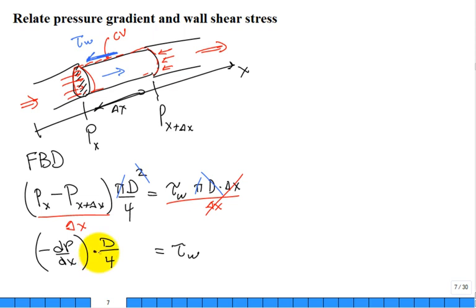So they're related. Because of friction, you get the wall shear stress, and if you want the fluid to flow down the pipe, it's going to go from high pressure to low pressure, and there's going to be a drop in pressure, pressure gradient going down.